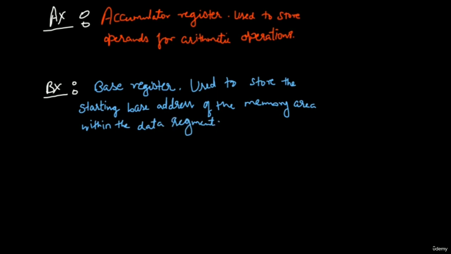So, this is a base register used to store the starting base address of the memory area within the data segment. I think it is self-explanatory, but don't worry, we are going to see the whole execution of our processor once we go through every execution unit, because that's the most important thing.